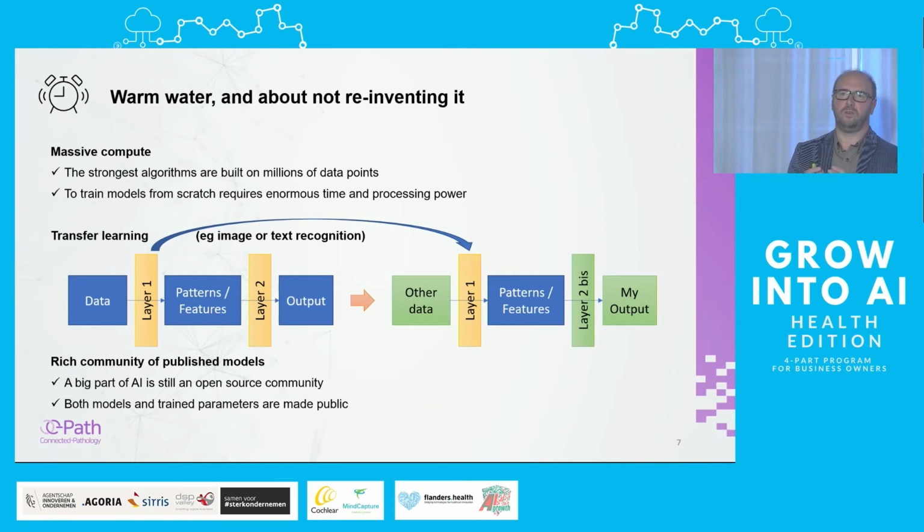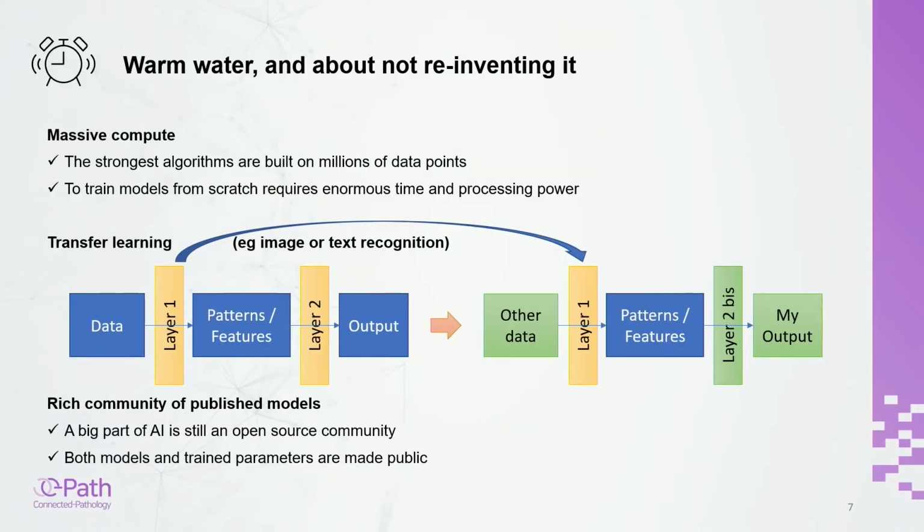You can use the part of the model that extracts patterns and features from data and apply it to very different data sets, which means that you only need to train your own specific part, the conclusions that you want to draw from the data. That still requires data and some computing power, obviously, but it's nothing compared to learning the first step, where you need to extract patterns from huge amounts of data.